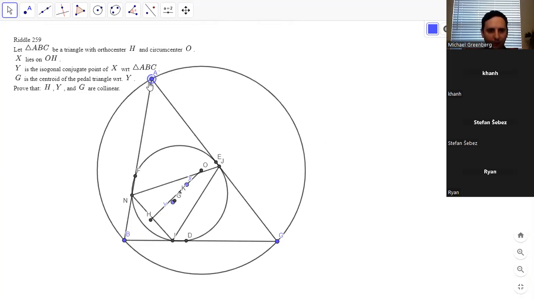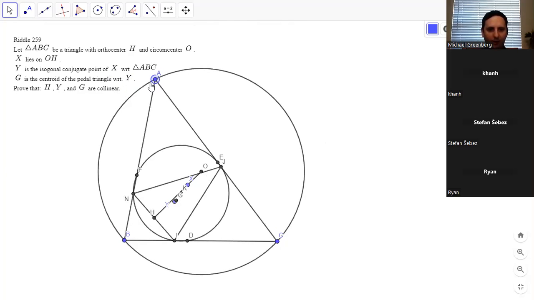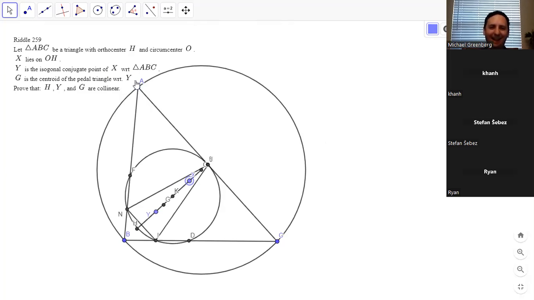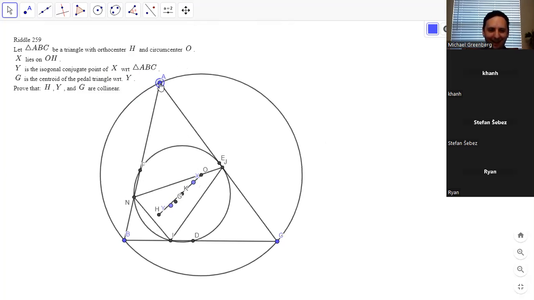Yeah, the only way to really make Y and G farther away, I think, is to make it obtuse. Otherwise, they're very close. I can move X. Oh, good point. I should have just done that. Thanks, Ryan.